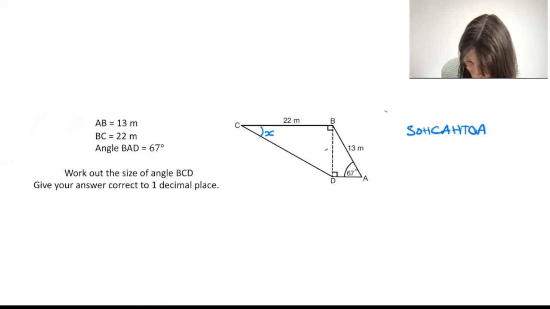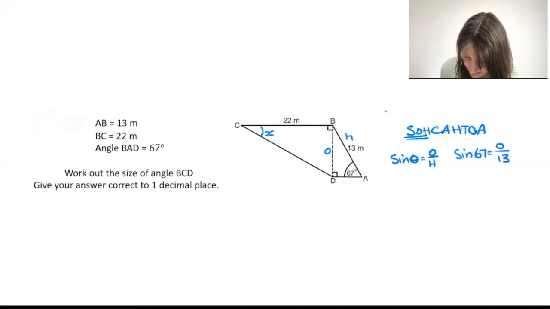This is opposite my 67, and this is my hypotenuse. So it's going to be the sine. So sine theta is O over H, which is going to be sine 67 equals O over 13. If I want to know what the opposite is, I've got to get it on its own, so 13 is going to land as a times.